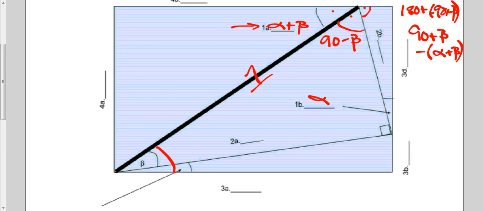I distribute the negative again. Boom, boom, boom. The negative beta cancels out with the positive beta, and I get 90 minus alpha there, right? So this angle is 90 minus alpha, right?